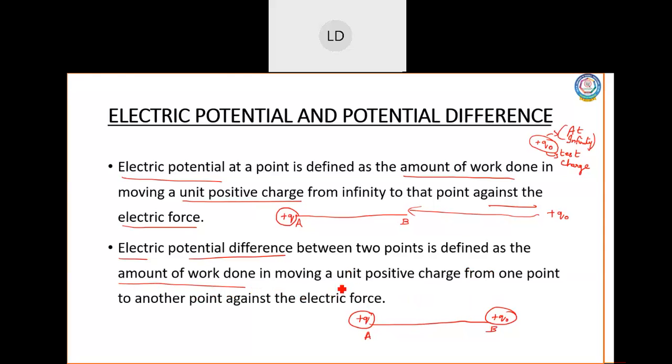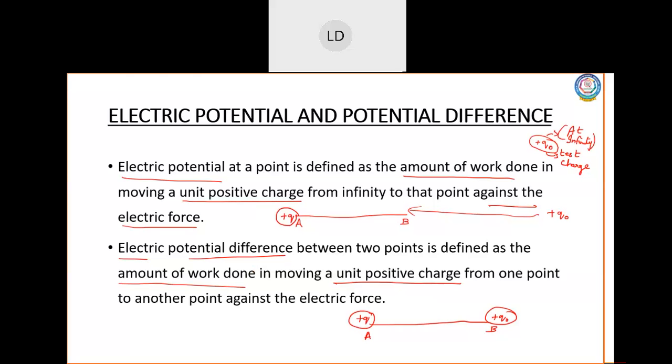In moving a unit positive charge, this is a unit positive charge. Now this unit positive charge is at point B. I need to move this unit positive charge from point B to A. The work done is nothing but what you call electric potential difference. So whenever we talk about electric potential difference, it exists between two points.